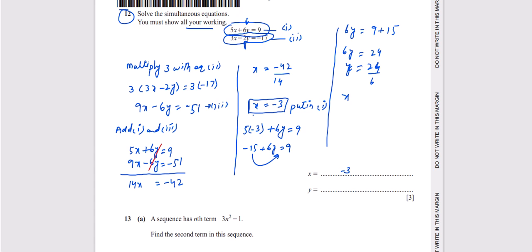So y is equal to 24 divided by 6, that is equal to 4. Final answer.